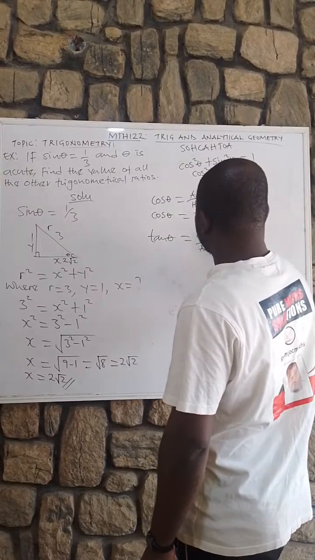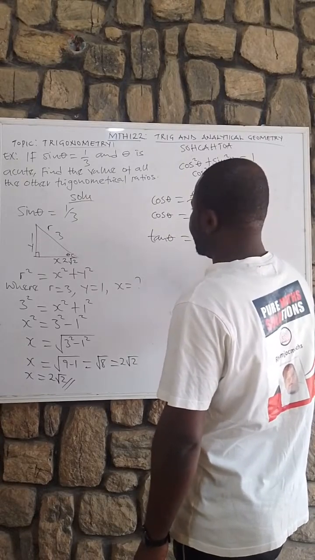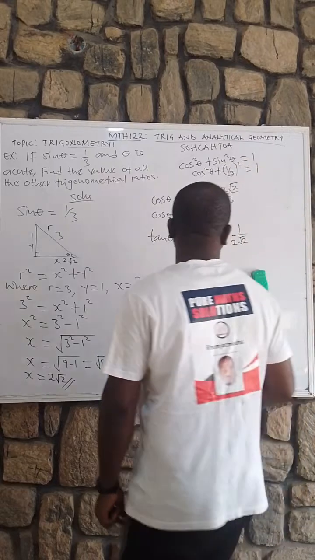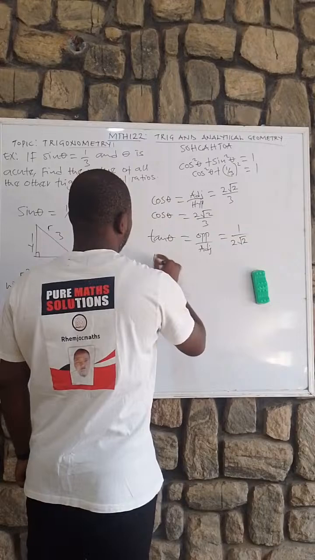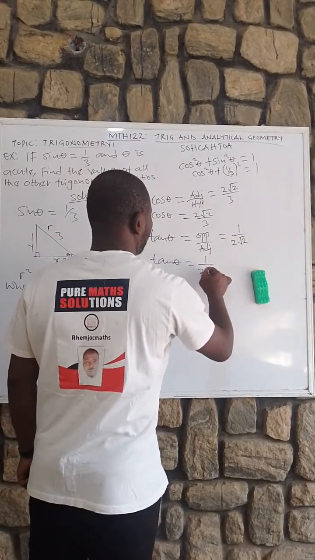So now, what we need to do here is opposite all over adjacent, right? What is opposite? Opposite is 1, all over adjacent, which is 2 root 2, right? So our tan theta equals 1 all over 2 root 2.